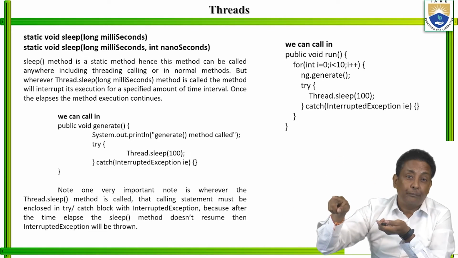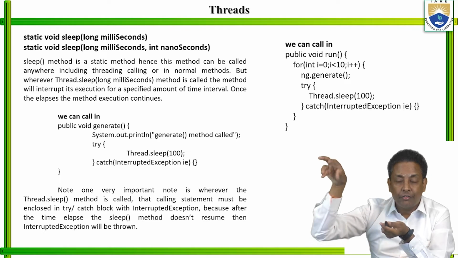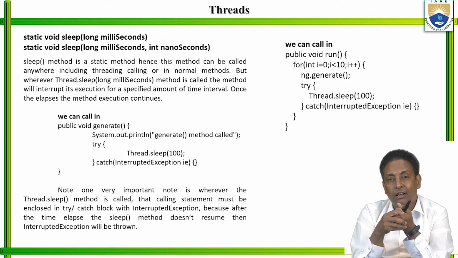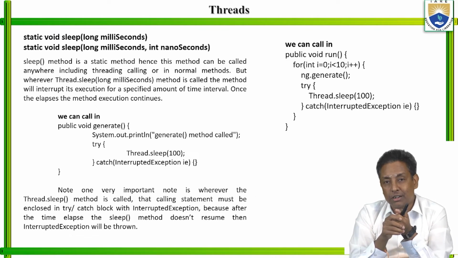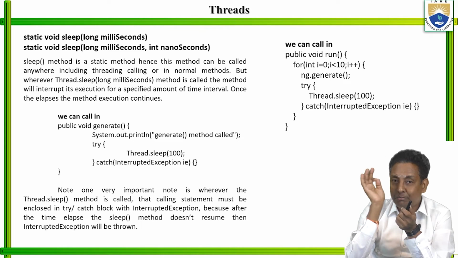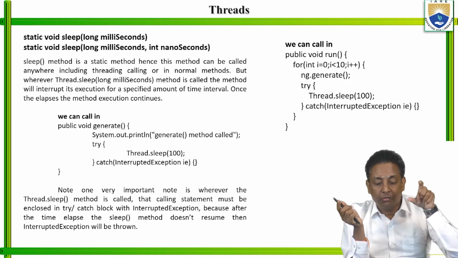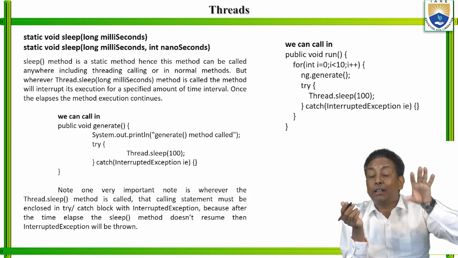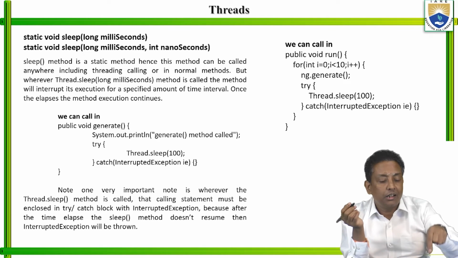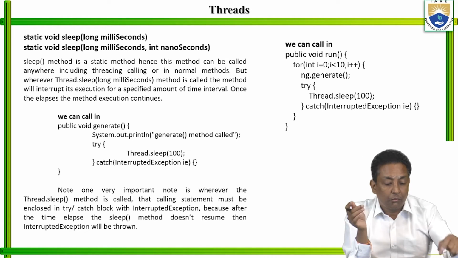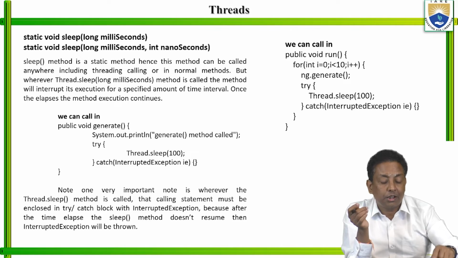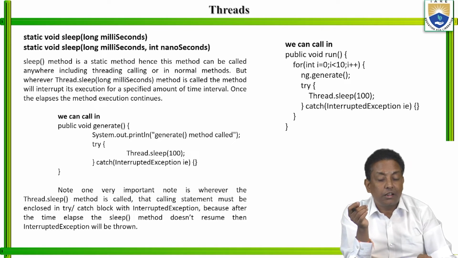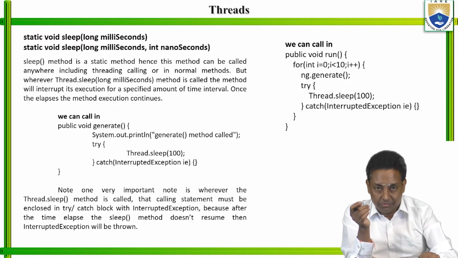If at all you want to wait, the wait should happen in only two places. One, the preferred place for writing the sleep method, if you are interested to write, is in your method logic. Public void generate. These are the methods where the actual logic lies.